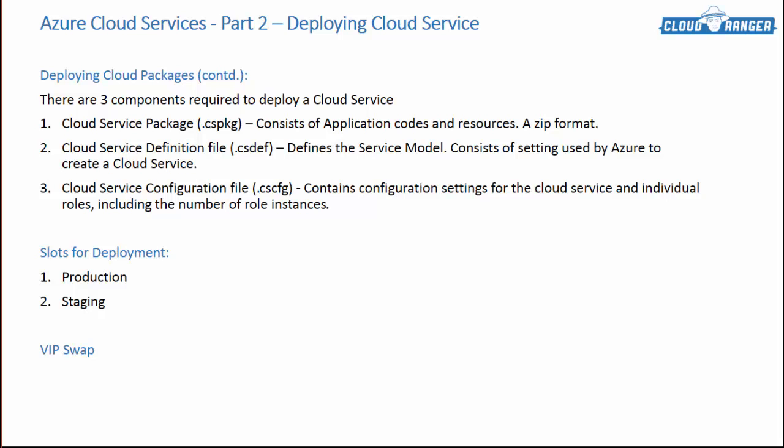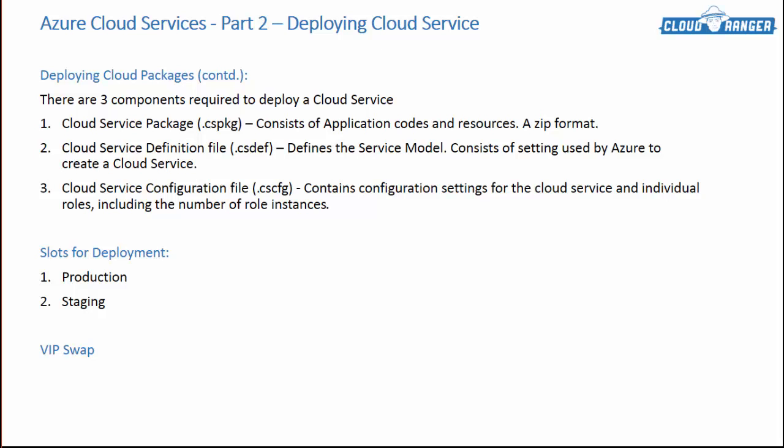A cloud service package consists of your application code and resources. This is something the developer does. The developer will develop your web application, have all the resources required for it, and create a package and most likely hand it over to you, the person who takes care of the infrastructure. So this is a package that the developers will create for you.